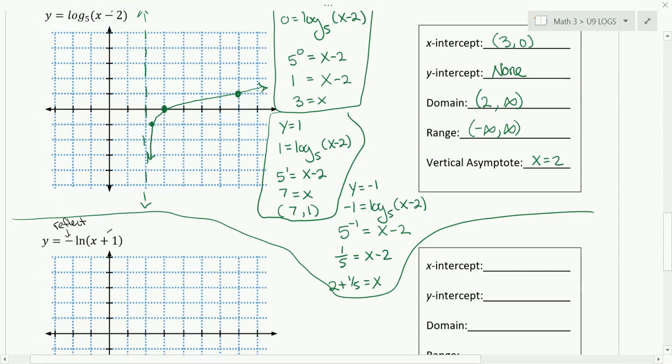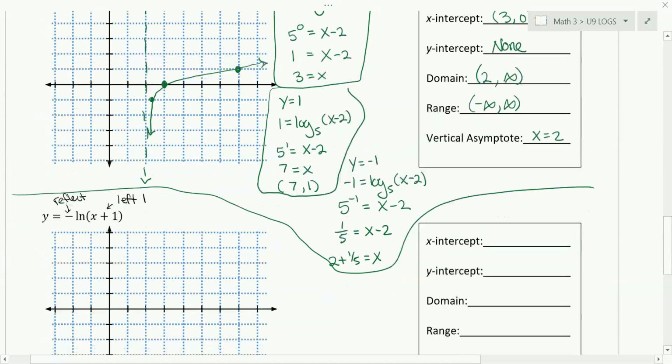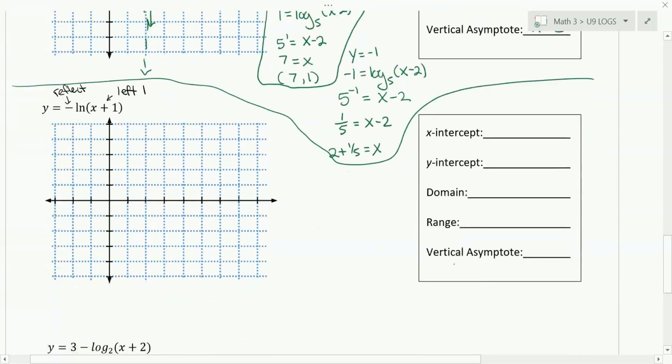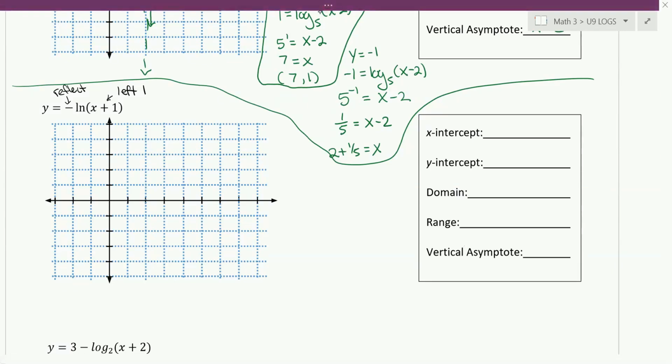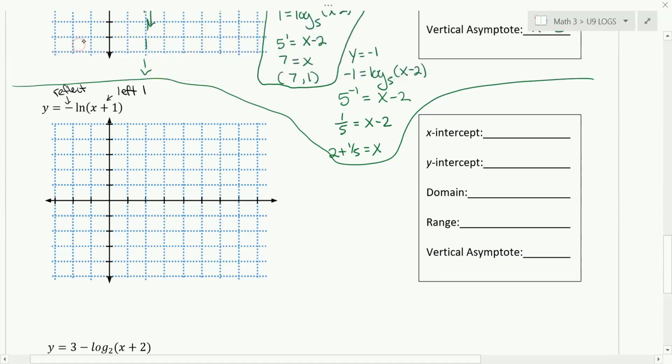That plus 1 is going to move everything to the left one. And so again, start by finding your vertical asymptote. The vertical asymptote is going to be at -1, where x equals -1.